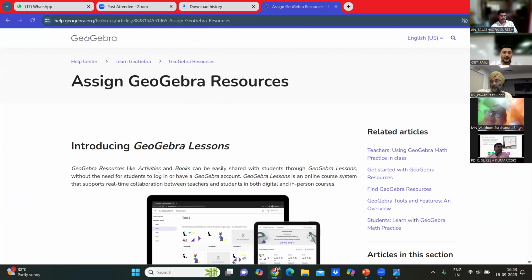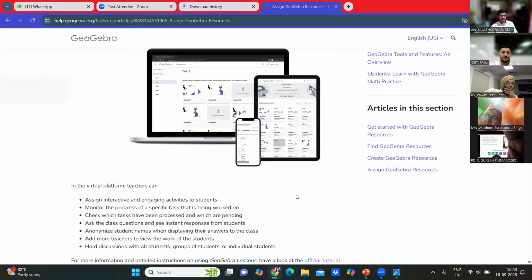GeoGebra resources like activities and books can be easily shared with students through GeoGebra lessons without the need for the student to log in or have a GeoGebra account. A GeoGebra lesson is an online course system that supports real-time collaboration between teachers and students in both digital and in-person courses.